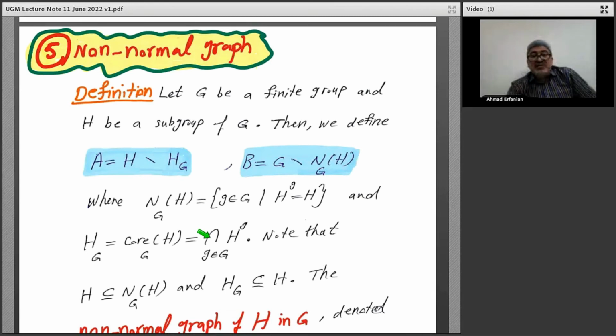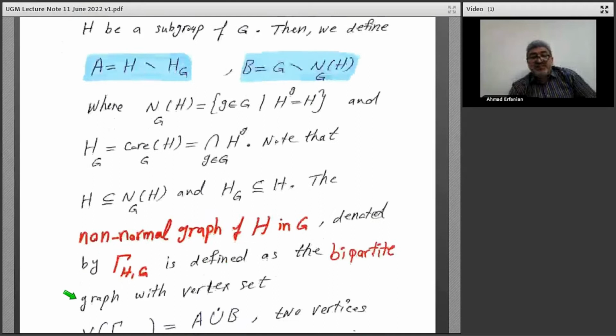The set B is defined as G minus the normalizer of H in G. The normalizer of H in G is the set of all elements g in G such that H^g is H. H^g means g inverse H g.